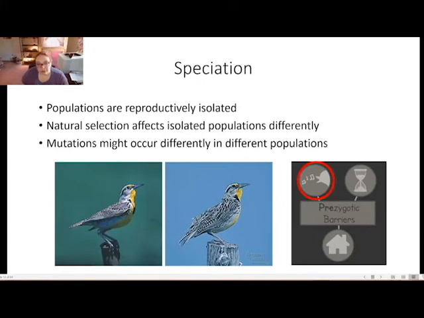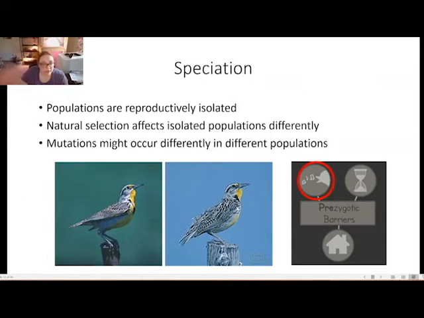Even though they look very similar, you would think, oh, maybe they can interbreed. They won't. They won't interbreed with each other, and the reason is they will only go for an individual who has the song of their species. So they have a barrier there. They can be found in the same place, but a behavioral preference keeps them from being able to mate.